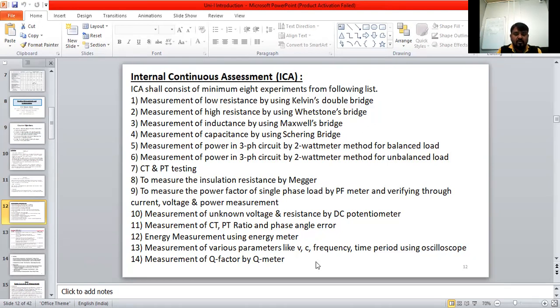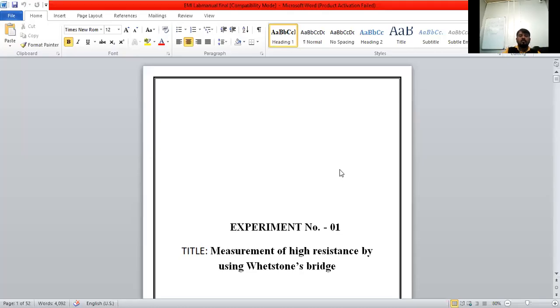Okay, so I will stop this one. I will open the lab manual first. See here, out of those 14 experiments we are going to discuss different experiments. Not this one, just a minute. We'll take another one.